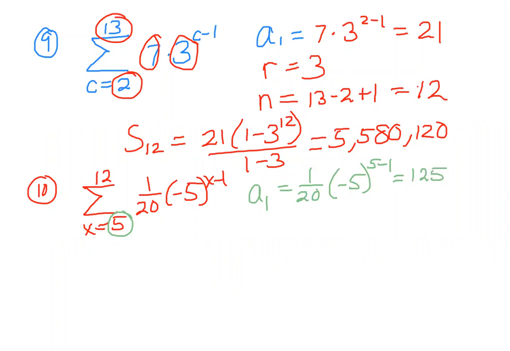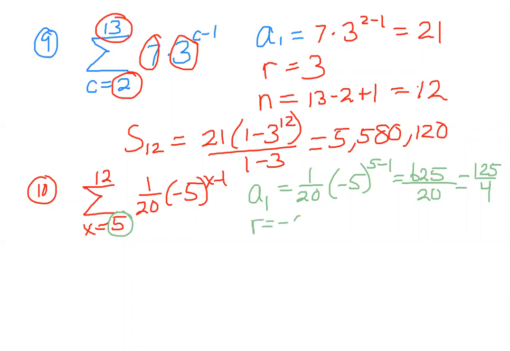No, 5 to the 4th is not 125. 5 to the 4th is 625. So we get 625 over 20, which equals 125 over 4. So that's A1.